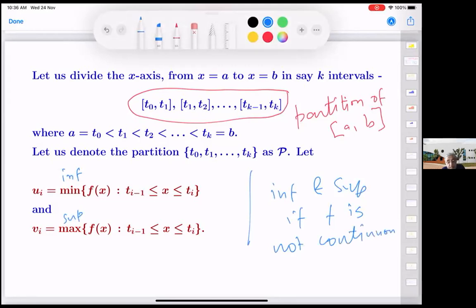Because remember, on an interval, a minimum or maximum may not be attained. Infimum and supremum will exist. If there is a point in that interval at which the infimum is attained, then that is the minimum.